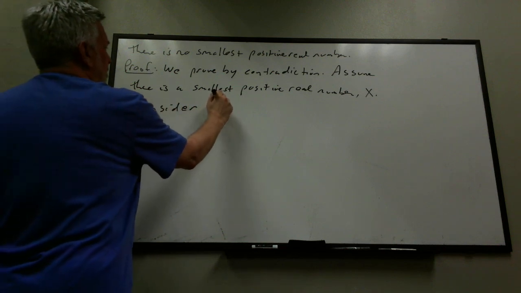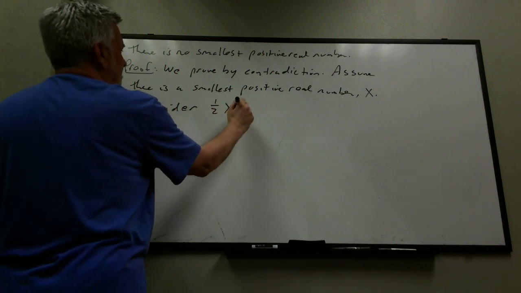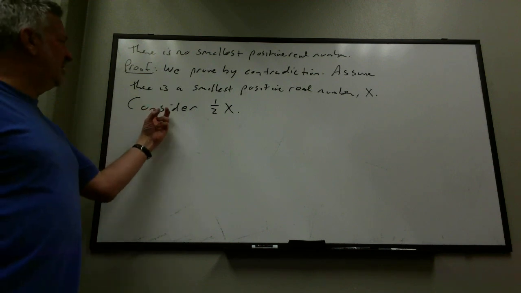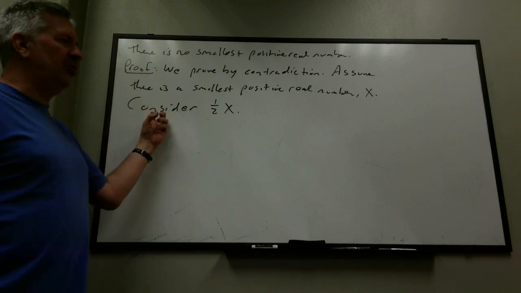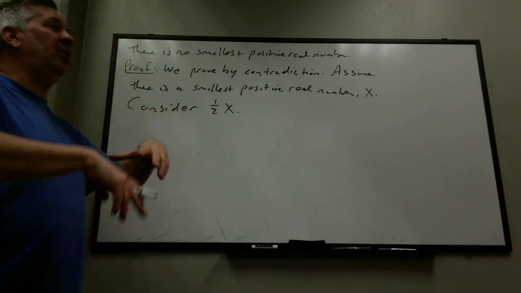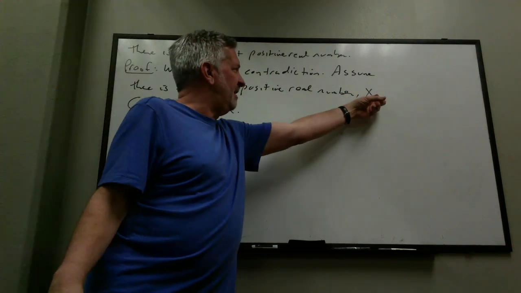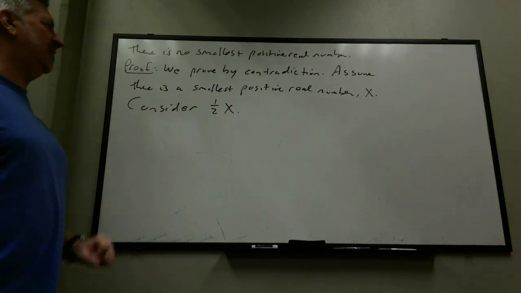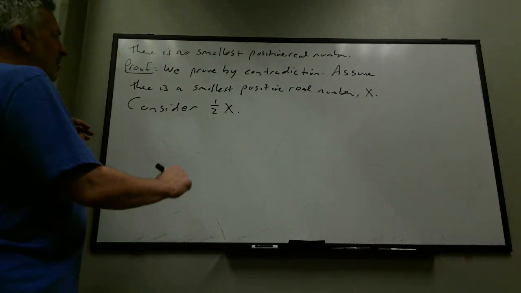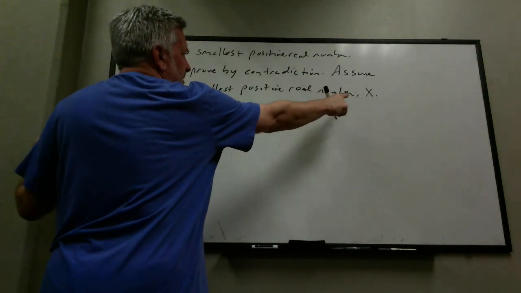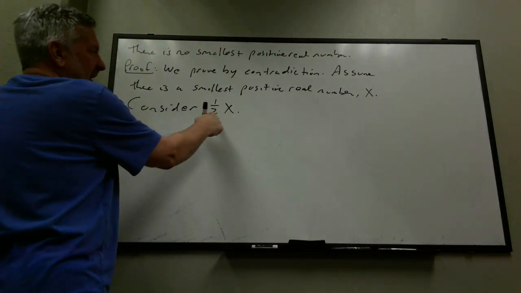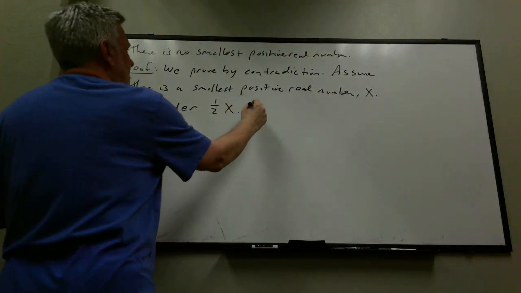I'm going to consider 1/2 X. Now again, the word consider, when you write a mathematical proof, often you're just pulling this out of thin air, okay? So if I have this number X here, I'm going to consider 1/2 X. Now, X is a real number, so 1/2 X will be too. If you take half of a real number, you still get a real number.